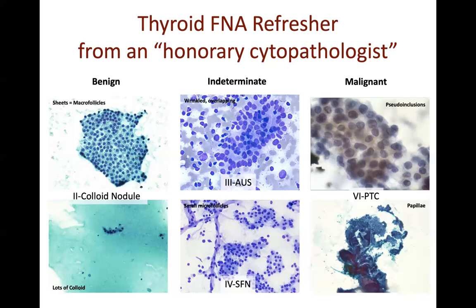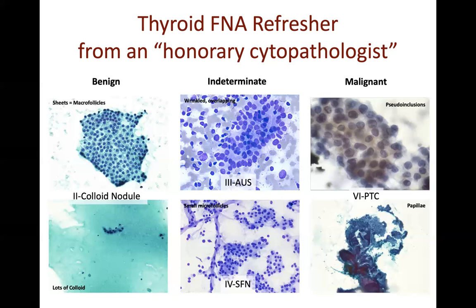The preservation of the nuclear features in a core is just worse. If you think about it, when you're doing a smear, you're basically either just air drying it or immediately fixing it, right, with the PAP spray or whatever. In a thyroid core, they're not always equally well fixed or preserved, right? They can be dangling around in saline, the core itself could be drying, it could be squeezed by the person with the forceps.